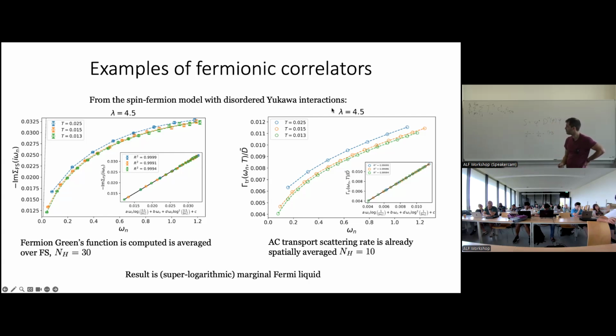At these mass parameter values, we either get a T-linear DC resistivity and DC single particle scattering rate, or we get a T log T. I forget if it's at this value. In our phase diagram, in the critical phase, we have T or T log T, depending on which lambda you have. Here I think you get this T log T.